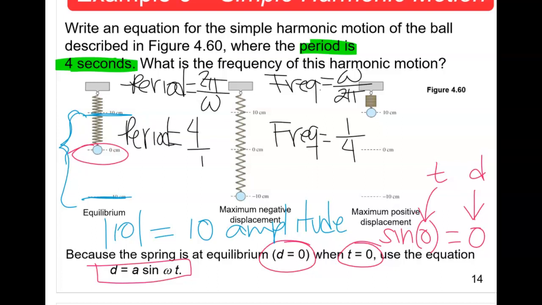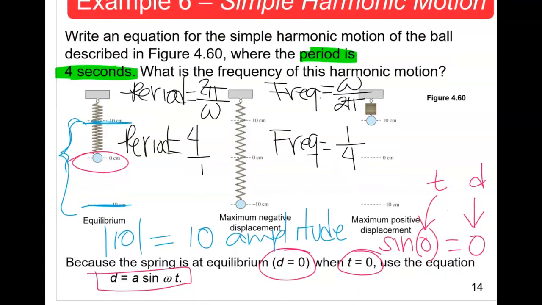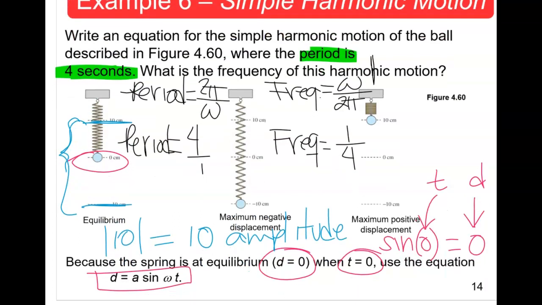But that's just a matter of how you interpret the order of the two pictures, because it also could have been that it started here at the maximum positive distance, which is 10, then it went to the middle, then all the way down here, and then it moved way back up. So we're just going to go with whatever the PowerPoint says here.